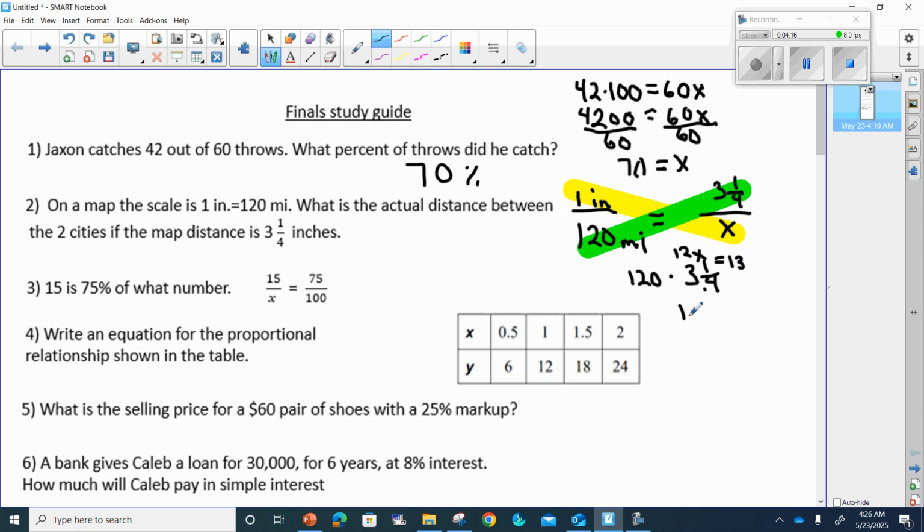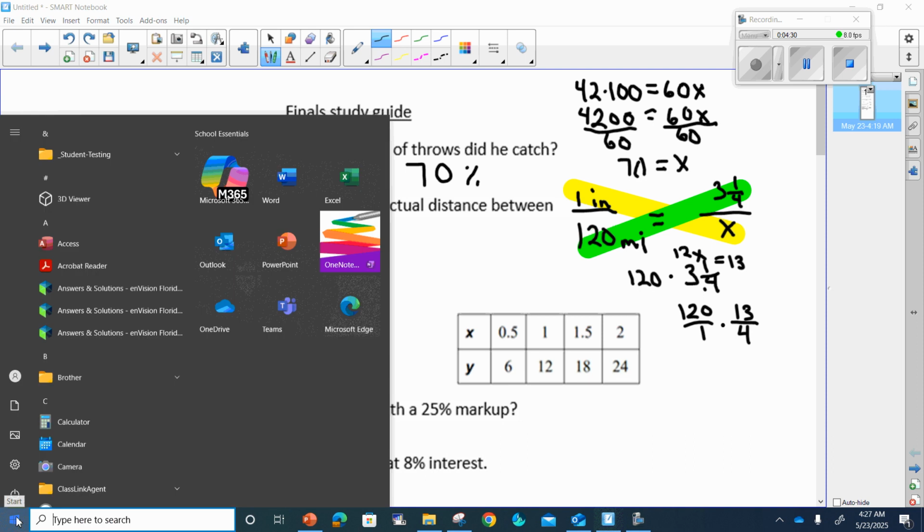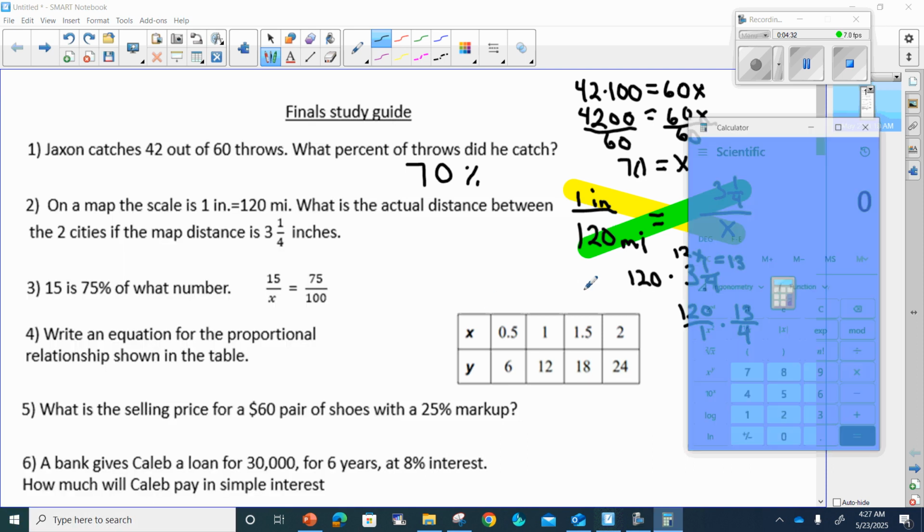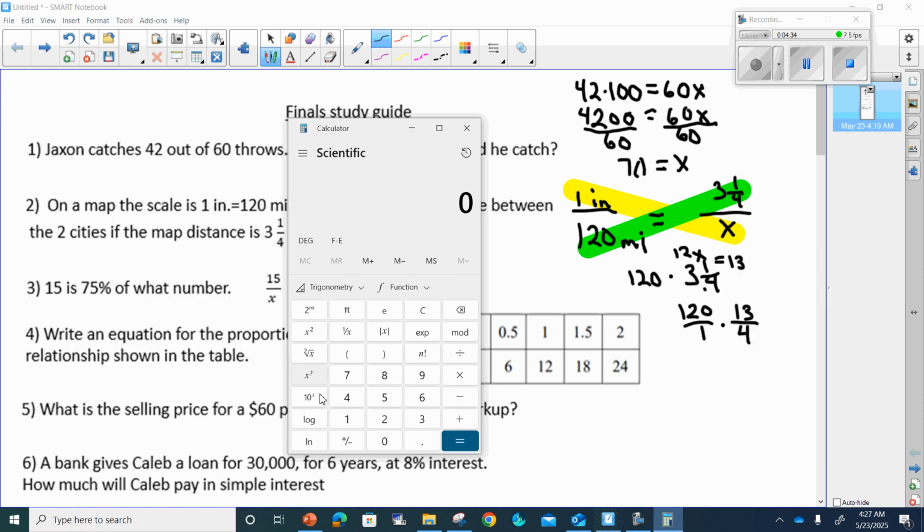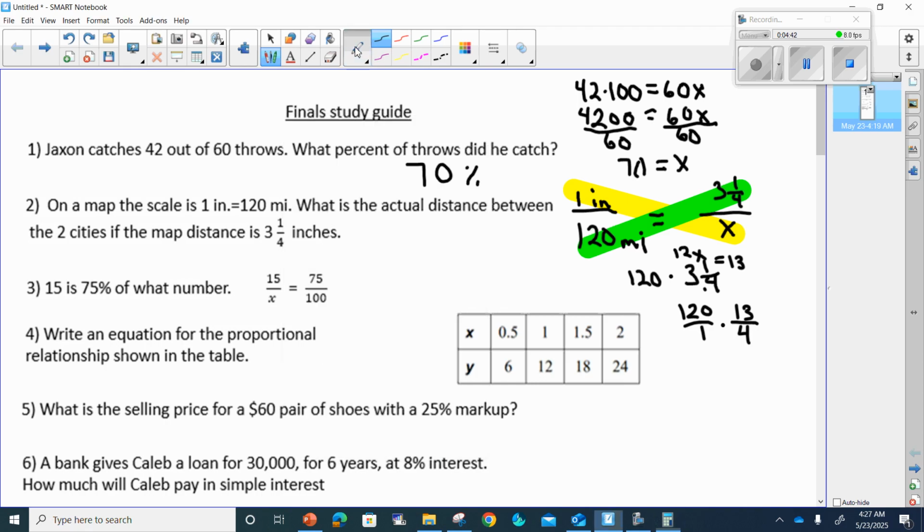So you can say this is 120 over 1 times 13 over 4. 120 times 13 equals 1,560.